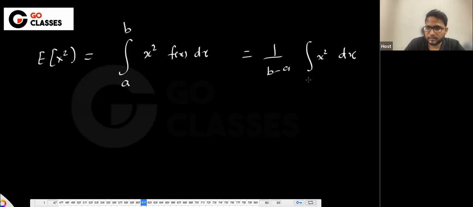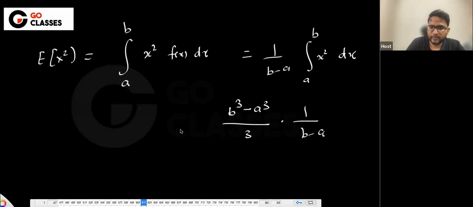Expectation of x square is the integral of x square f(x) dx from A to B, which is basically f(x) is 1 upon B minus A, x square dx from A to B. This is x cube by 3, and then this is b cube minus a cube by 3 into b minus a, into 1 upon b minus a.